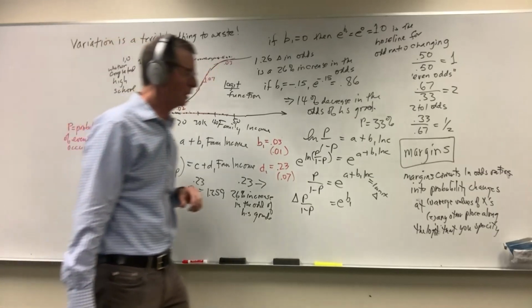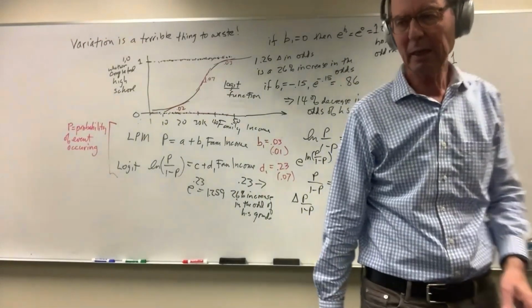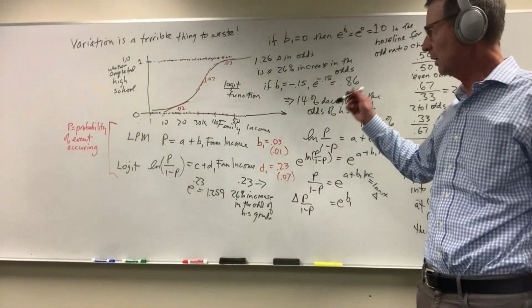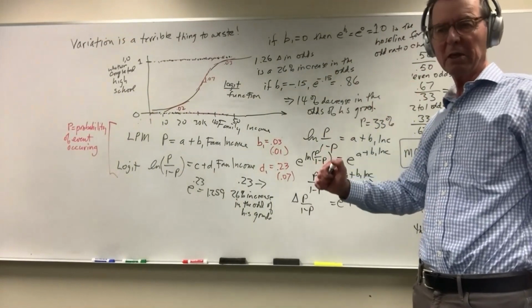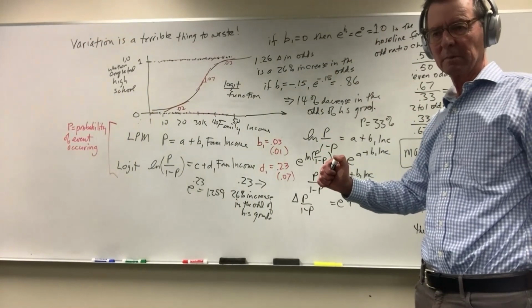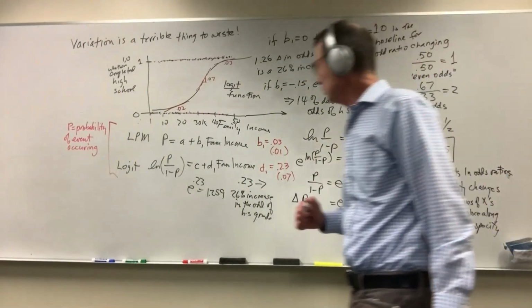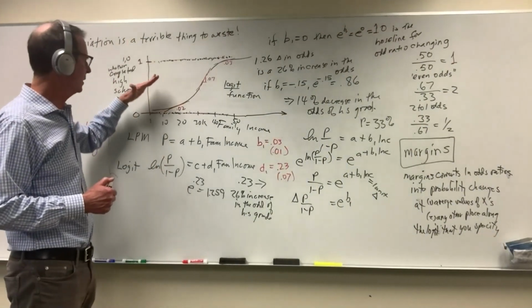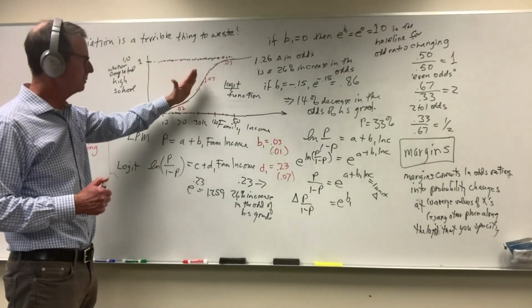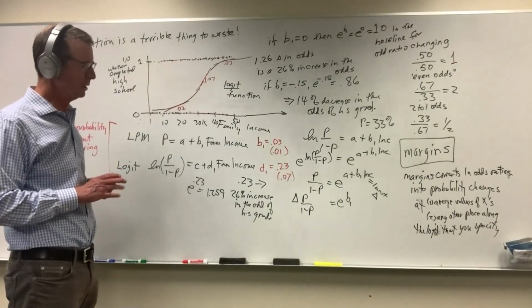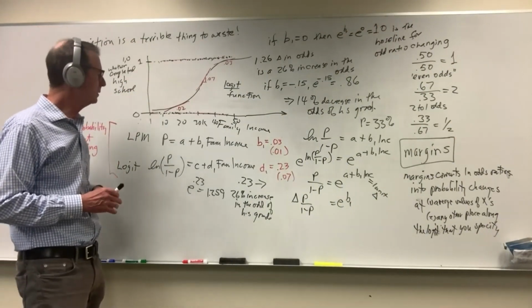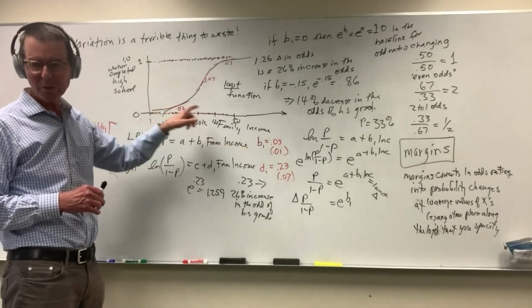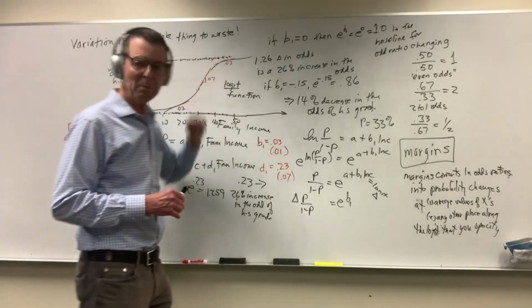What people usually do is ask for the probability interpretation from the logistic regression at the mean of all the independent variables. That's a reasonable place to evaluate. What's the corresponding change in the probability at that point? If you want to know down here, you can plug in a value and it will tell you the probability. If you want to go up here, you can do the same thing.